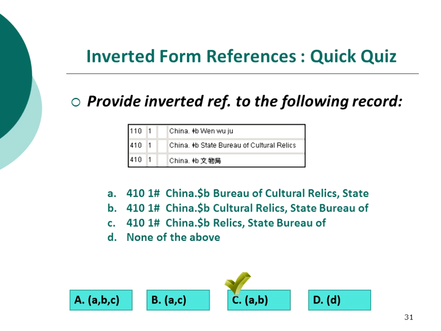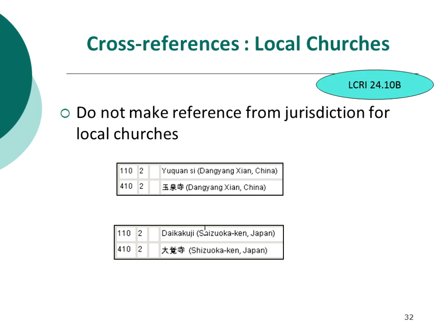Perfect. Excellent. Now let's move on to cross-references for local churches. So far we have been talking about when to provide cross-references. This is an area where I want to tell you not to make references.